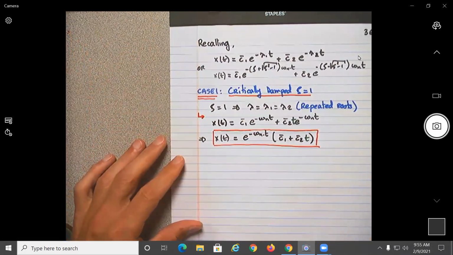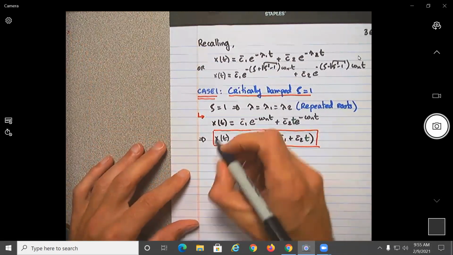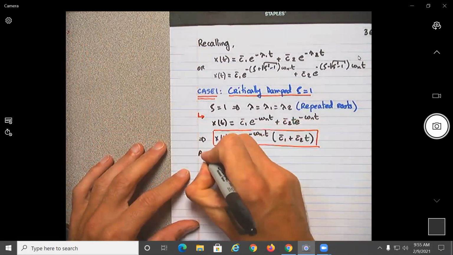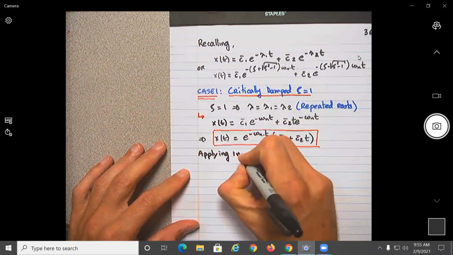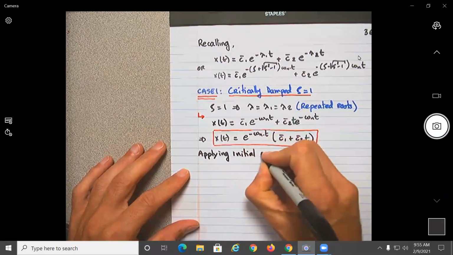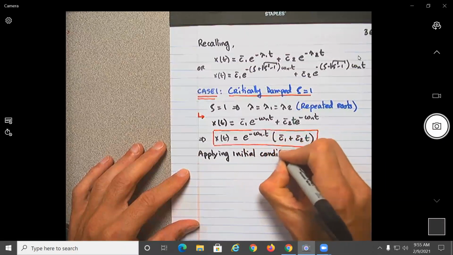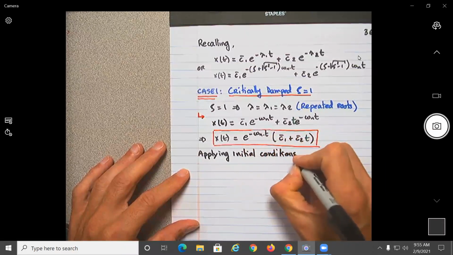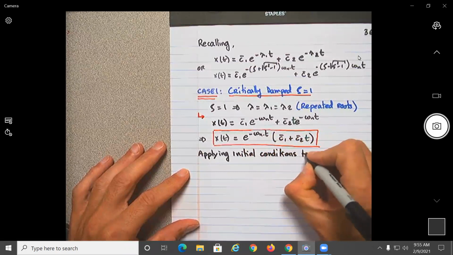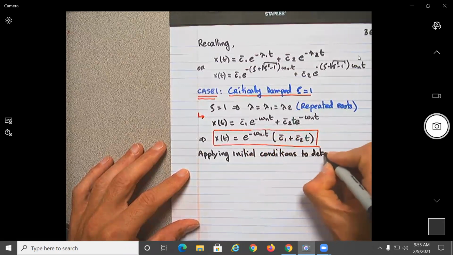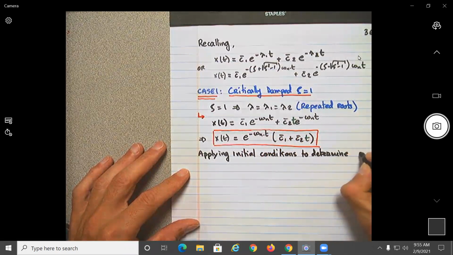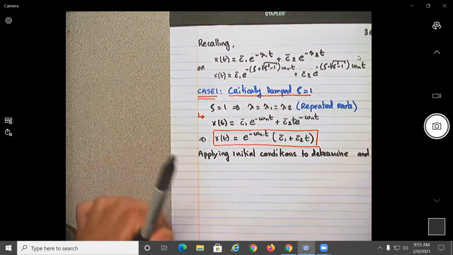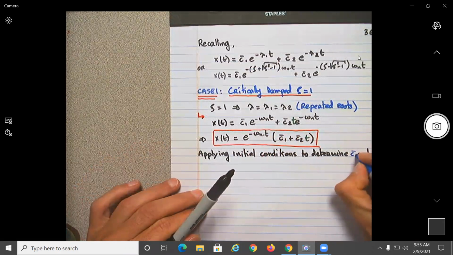So we say here, applying initial conditions to determine the constants c bar 1 and c bar 2.